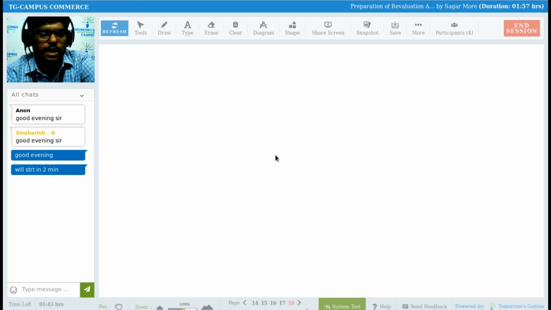Whenever we are talking about accounting, accounting is nothing but passing a journal entry and preparation of a ledger account, right? So which journal entry do we have to pass? Which ledger account do we have to prepare? That we have to discuss now.